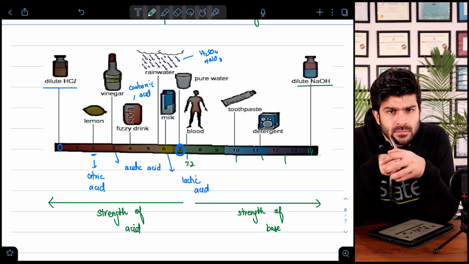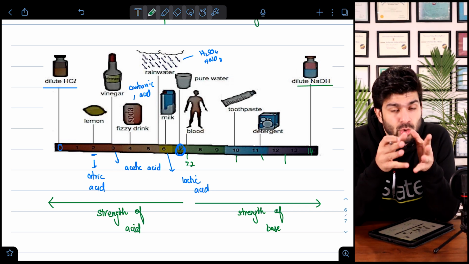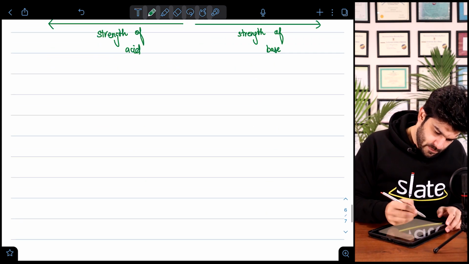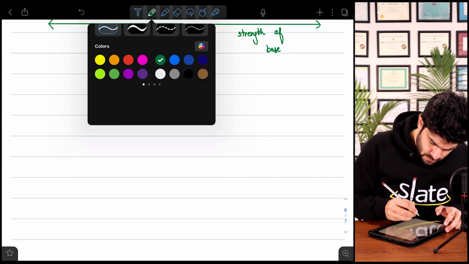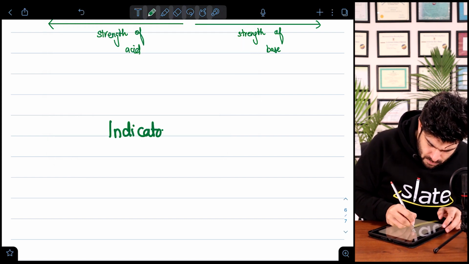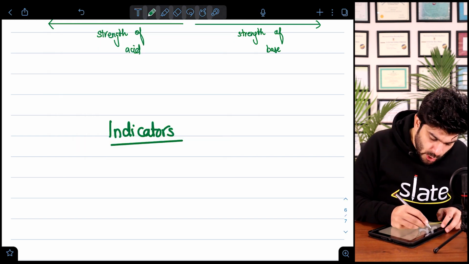There are various ways. How do we find out if a solution is acidic or basic? We use indicators. What do indicators do?